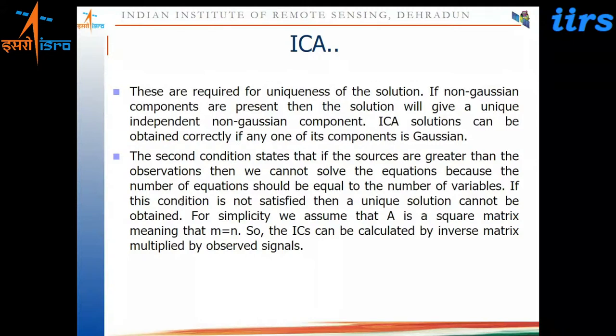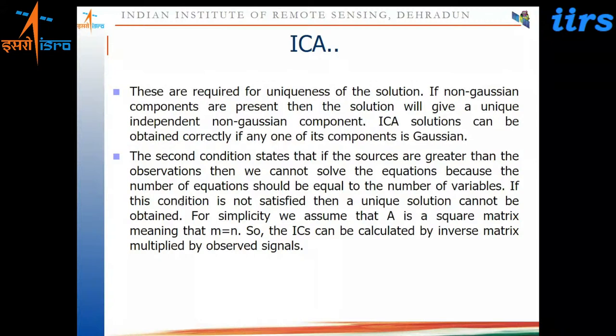So the number of equations should be at least equal to the number of variables. If we are not able to satisfy this, then we won't be able to get a unique solution. For simplicity, we are taking A as a square matrix where M is equal to N, so the independent components can be calculated by the inverse matrix multiplied by the observed signal.